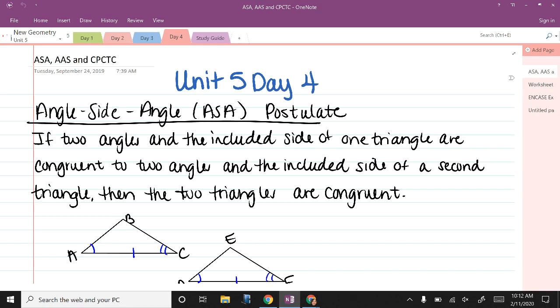All right, so on our theorem handouts, let's find the angle, side, angle postulate. Can y'all tell me where the angle, side, angle postulate is? It's on the back side, isn't it?